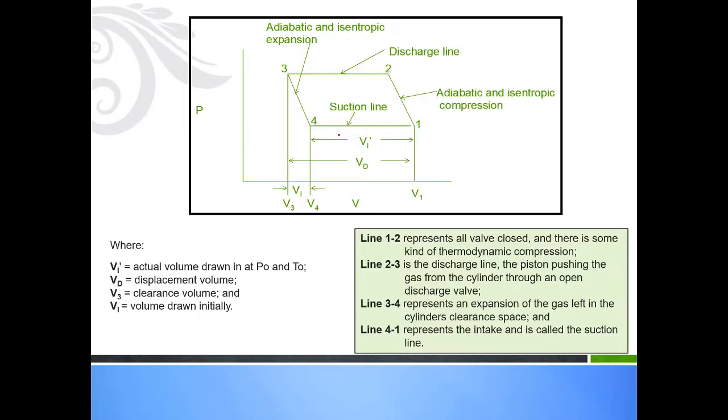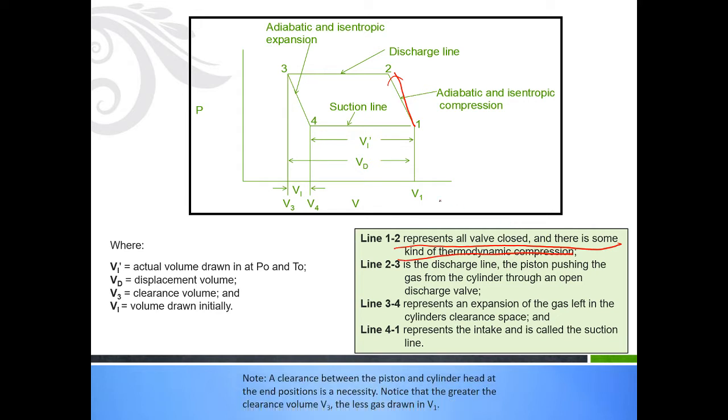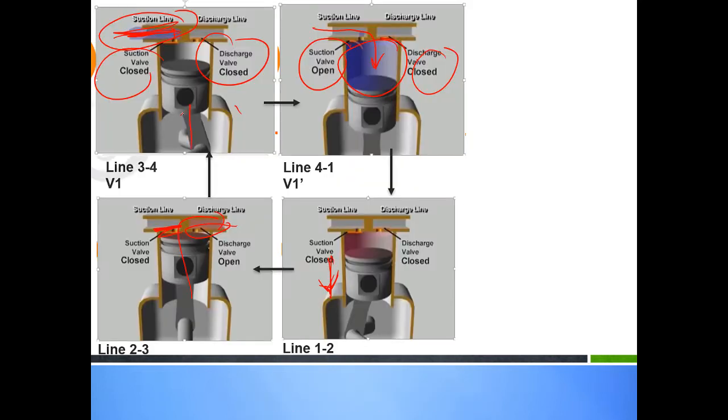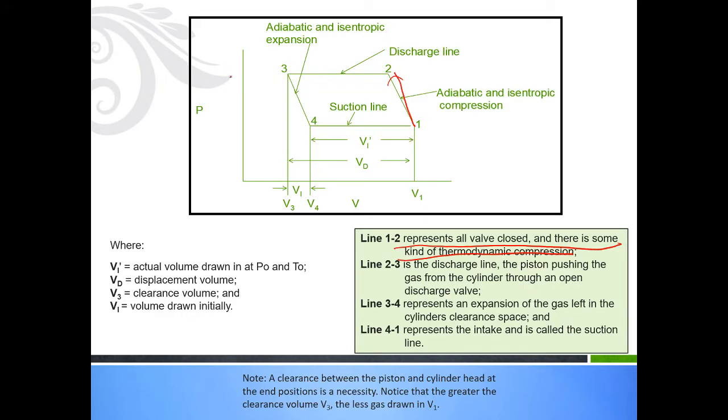Okay? In a PV diagram, ito yung itsura nung cycle na yon, nung isang cycle. So, the first line 1 to 2, all valves are closed. Pero magko-compress ng konti. So, ito yon. All valves are closed, magko-compress ng konti yung cylinder. Yung piston pala. Then, line 2 to 3, okay? Ito yung discharge line. Oops, teka.